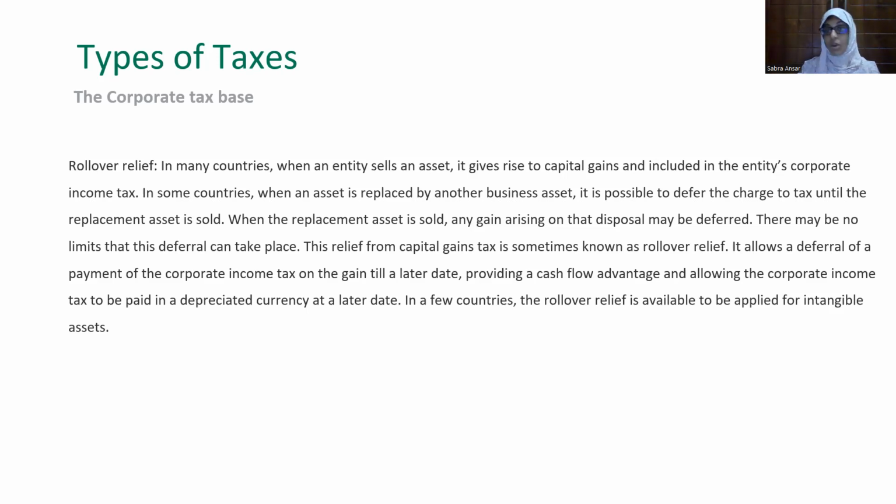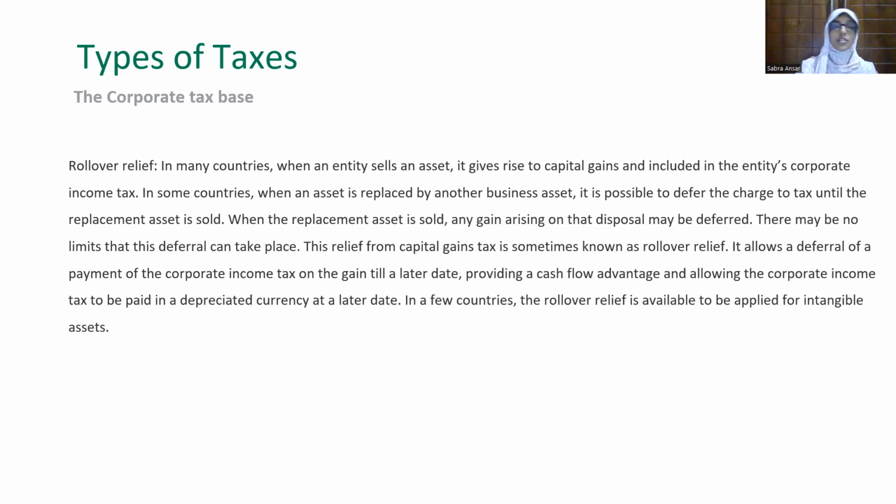Now we are actually talking about this rollover relief. What is it? It is basically relief that a person gets from the capital gain for a certain period because of the taxation base of that particular country. It allows a deferral of the payment of the corporate income tax on the gain until a later date. So you are supposed to pay it later, not now. This happens in order to ensure that more new companies come and invest in a country.